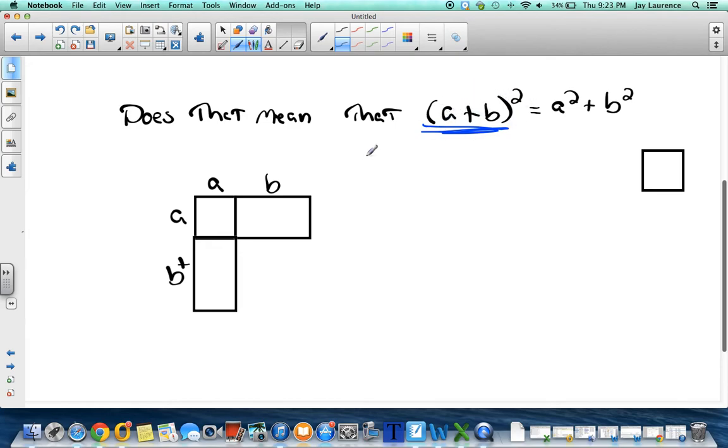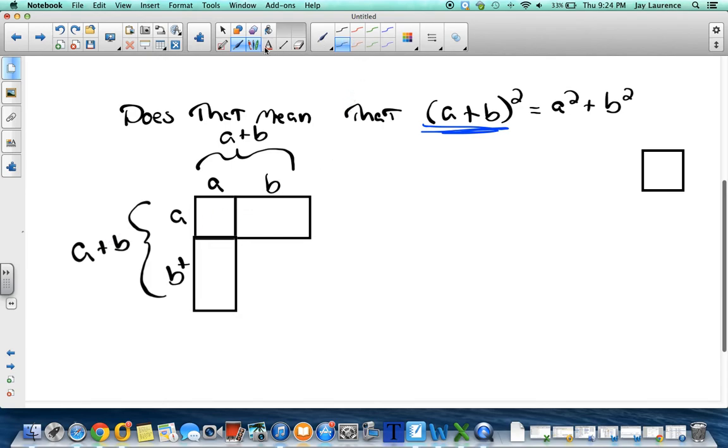Well, a and b are unknown lengths. So I'm saying that the side of this square is a units long, and the side of that rectangle is b units long. Therefore, the whole side of the rectangle I'm going to draw is a plus b units long. This here is also going to be a plus b units long.